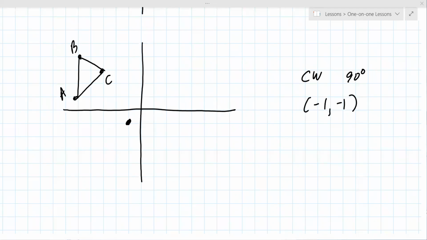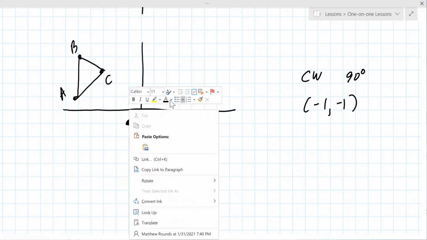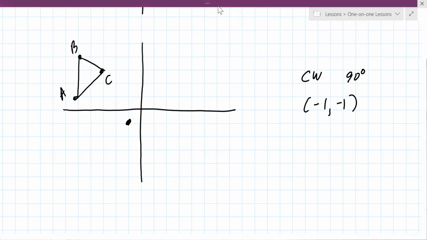I got my triangle drawn. Okay, now plot -1, -1. All right.